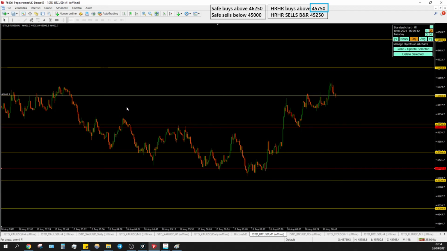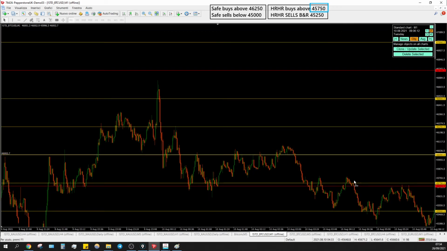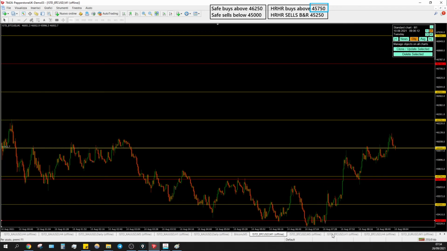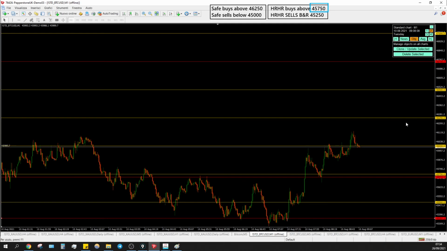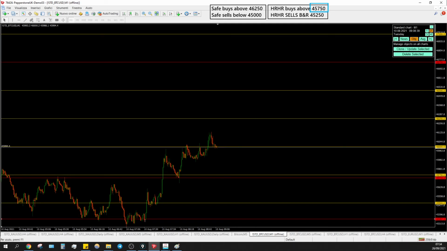Yeah, safe buys, because of the 1 hour, right? 46,050, yeah, above these previous highs. Let's just see very quickly if it goes above. You can take some scalps. See if we go 46,050.